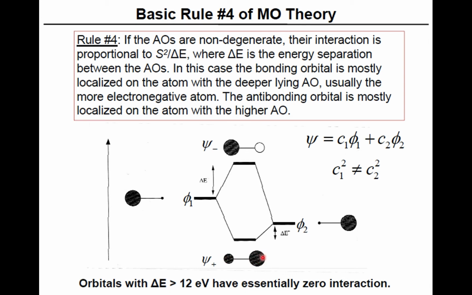So the fact that this lobe here on this side is larger is because it is more of the lower energy atomic orbital. So this would be something like 40/60, and then the upper orbital would be, say, 60% the higher energy atomic orbital, and 40% of the lower lying atomic orbital.